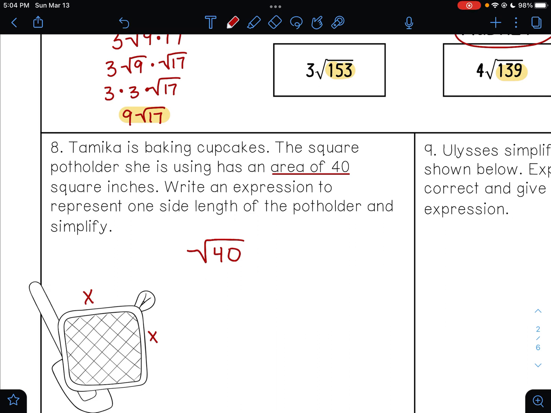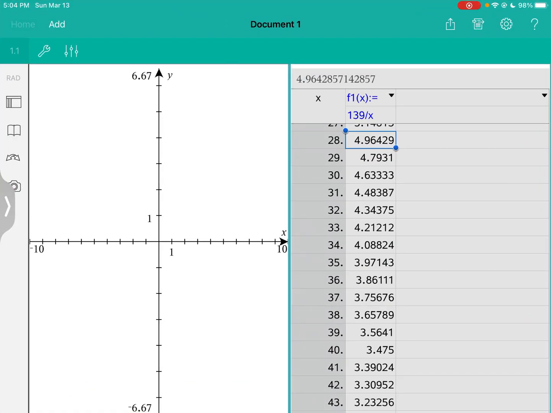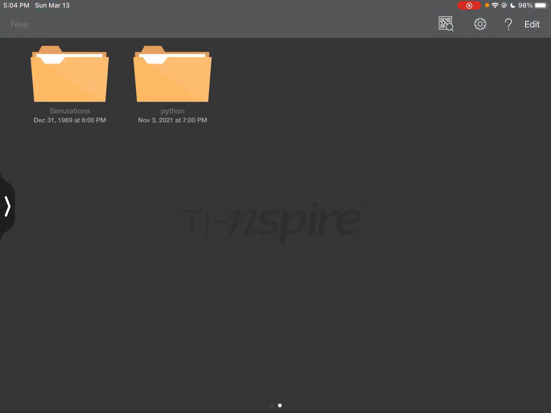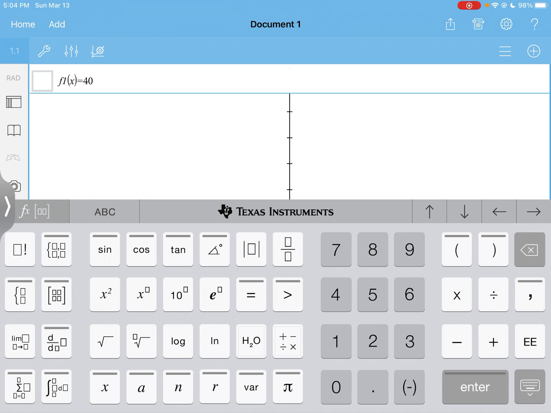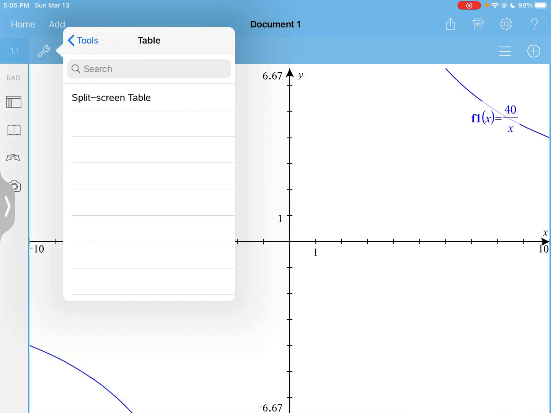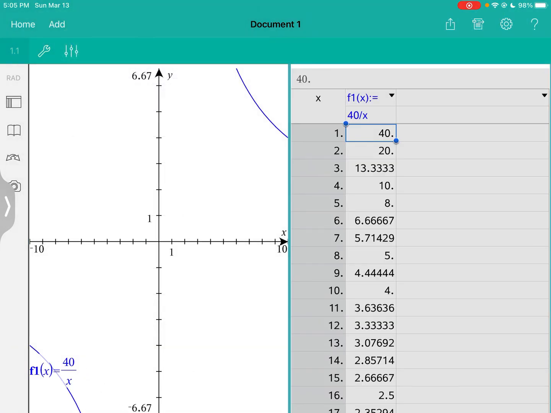So going to our calculator, again, we're looking for the biggest perfect square that goes into 40. So I have 1 and 40, 2 and 20. None of those are perfect squares yet. 4 and 10.